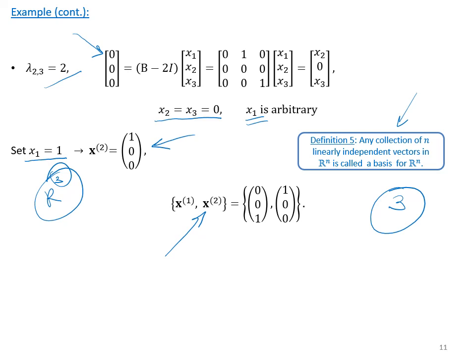And since we have just two, this is not sufficient in order to form a basis in R3. So we showed that there is no collection of eigenvectors for this particular matrix which can form the basis for R3. Example is solved.